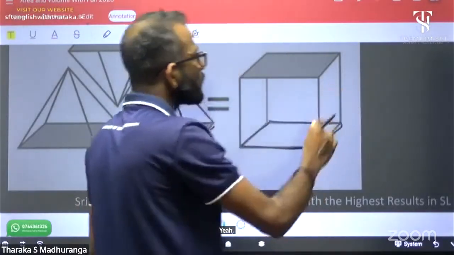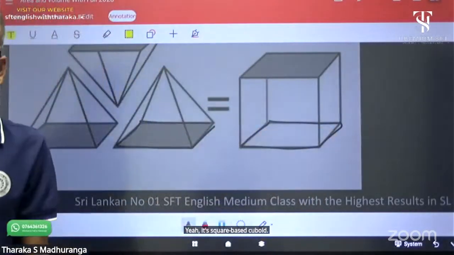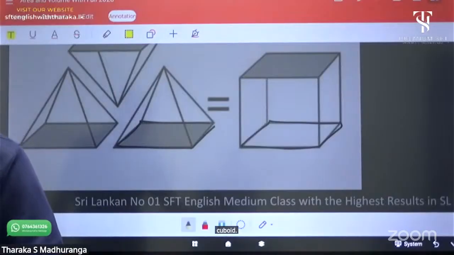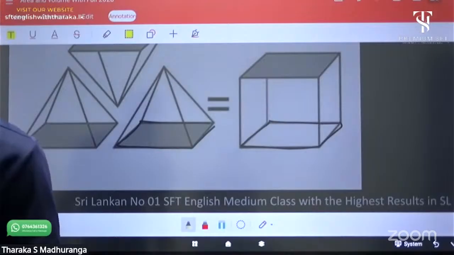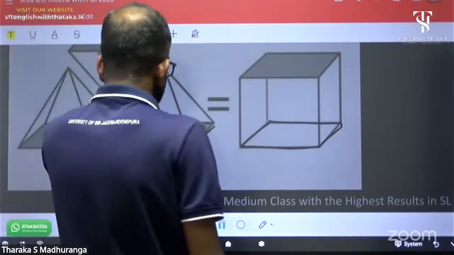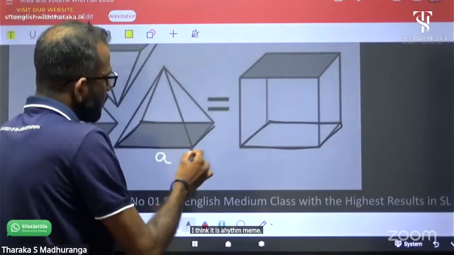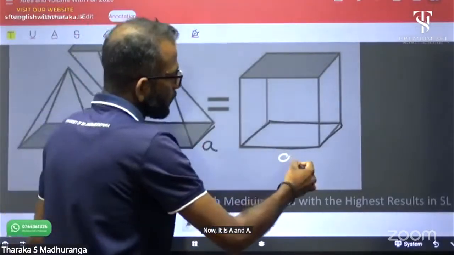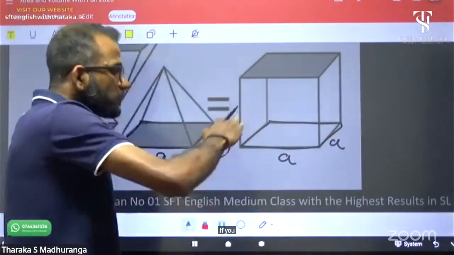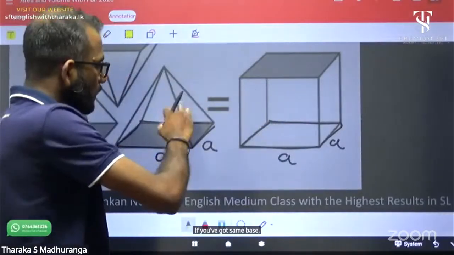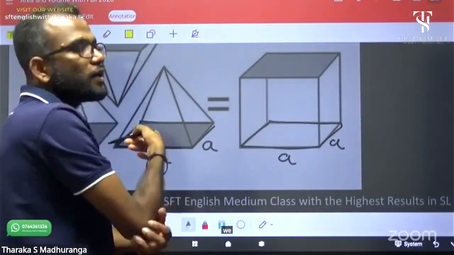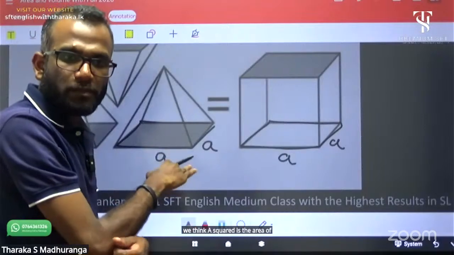A squared is the area of the base of the pyramid.